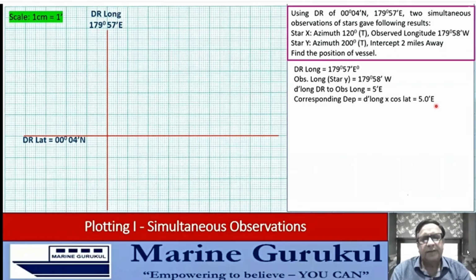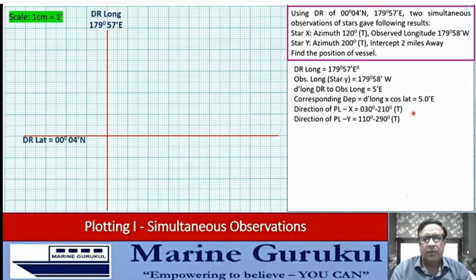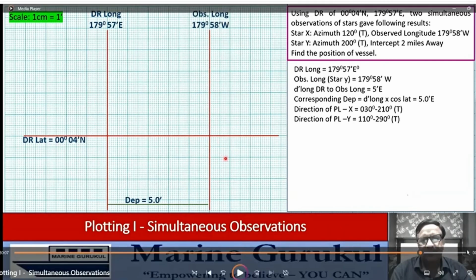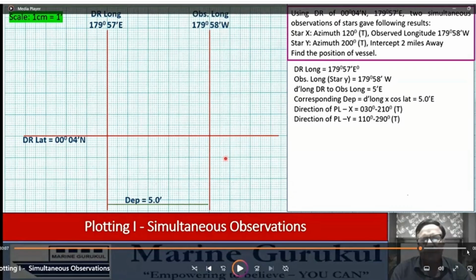Then we identify the direction of the PLs perpendicular to their respective azimuths. With the departure being 5 minutes east with respect to DR long, we mark off the departure here, 5 minutes east, and we draw the meridian of the observed long. So both the reference positions are plotted, beta. Any doubts up to here?